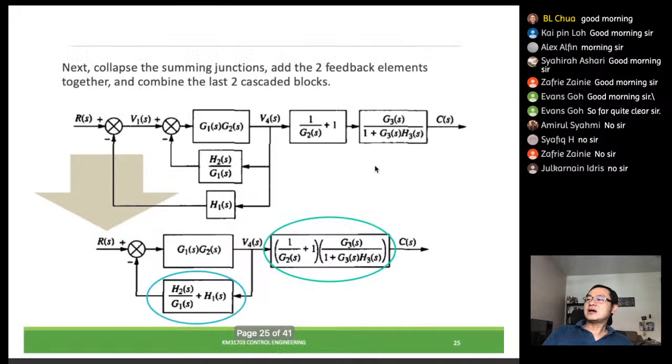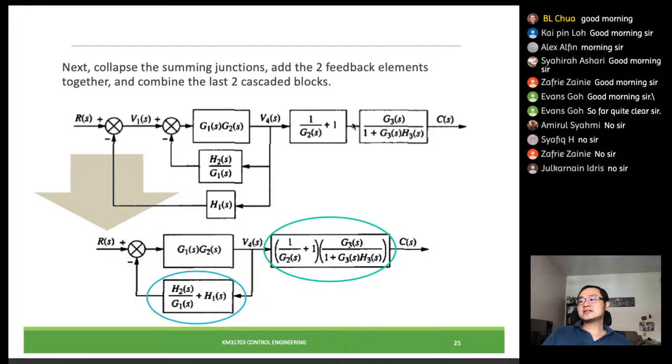So after we move, now again we can group these two together, and since both are negative, that would be great, right? Since they are both minus, then this is a parallel form, right? They are parallel, so for parallel, we just have to add them up together. So we have H2 divided by G1 plus H1, add them up together. So this is a familiar form.